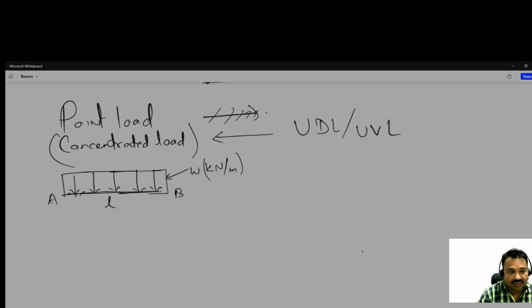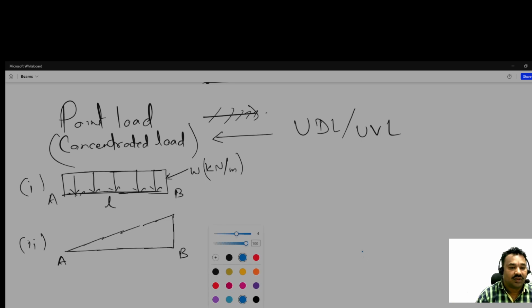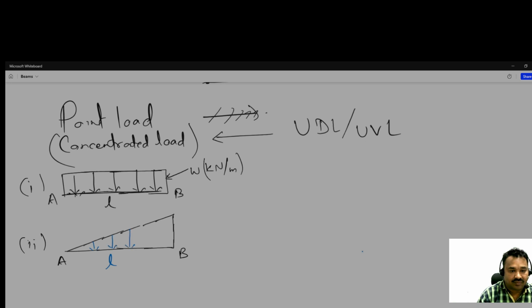And for the triangle, like this is situation 1, this is situation 2, and the length is L. And this intensity, the arrow showing downward, the load is acting in the downward direction, and it is equally distributed.